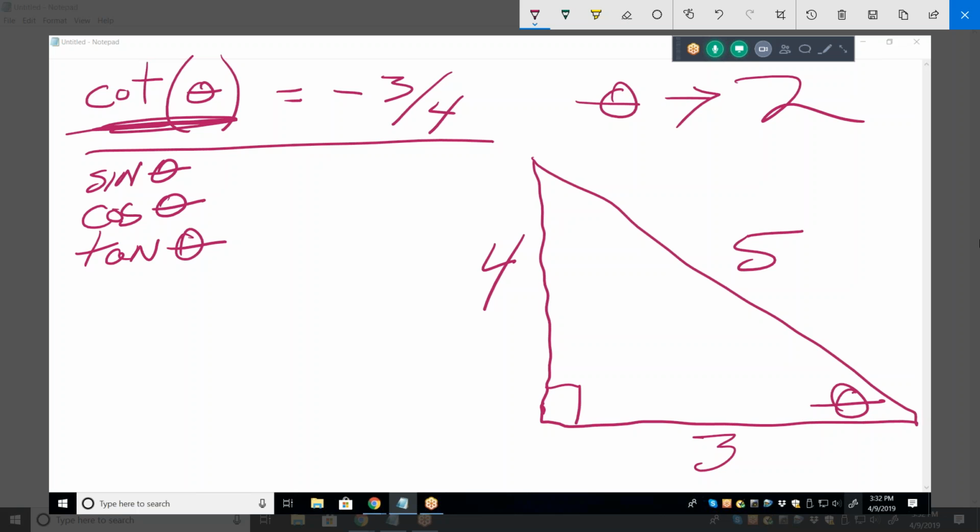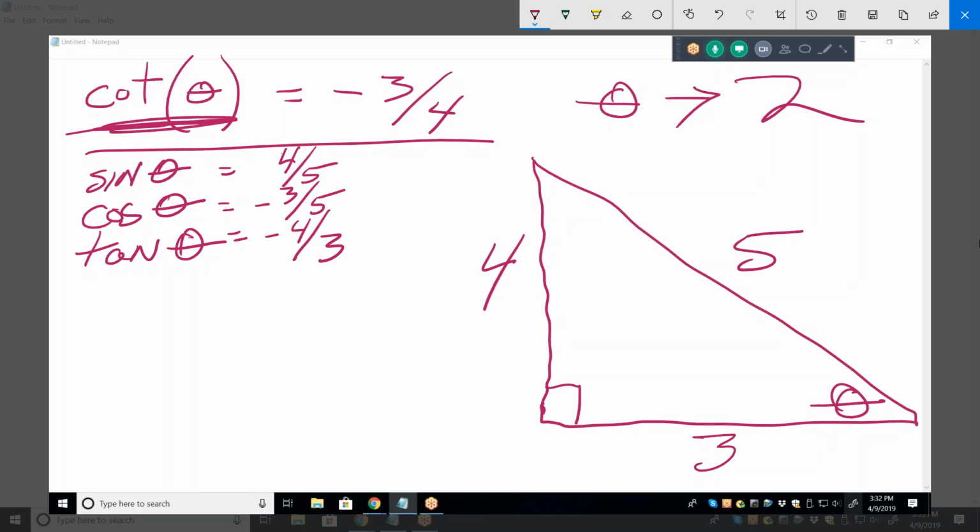Tell me what sine of theta is. 4 over 5. Okay. What's cosine of theta? Negative 3 over 5, because it's in the second quadrant. And what's tangent of theta? Negative 4 over 3.